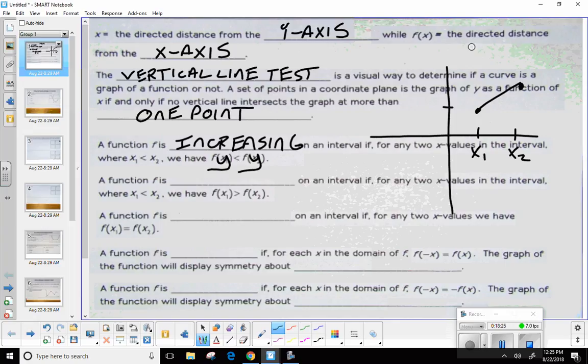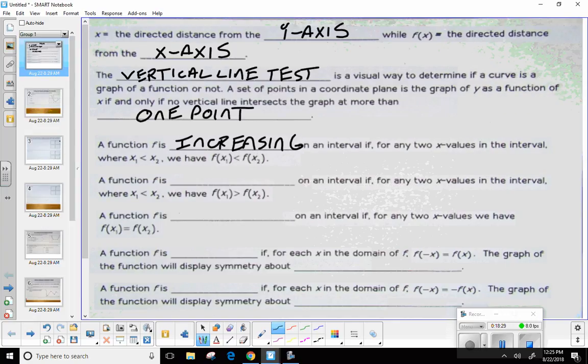And now that we know the first one, we're probably going to be able to get the second one pretty easy. A function f is decreasing on an interval if for any two x values in the interval where again x1 is less than x2, this time we have f of x1 greater than f of x2.